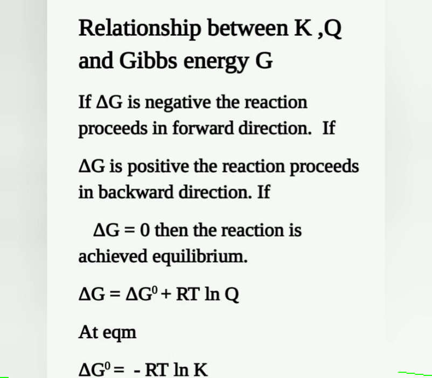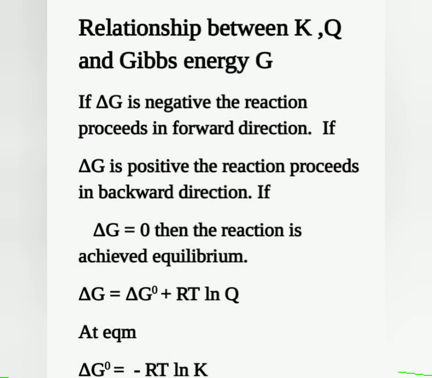Okay, study well. The next topic is the relationship between the equilibrium constant, Q, the reaction quotient, and Gibbs free energy. We have learned what Gibbs free energy is in chapter 6, thermodynamics, and we have learned the equilibrium constant in this chapter.